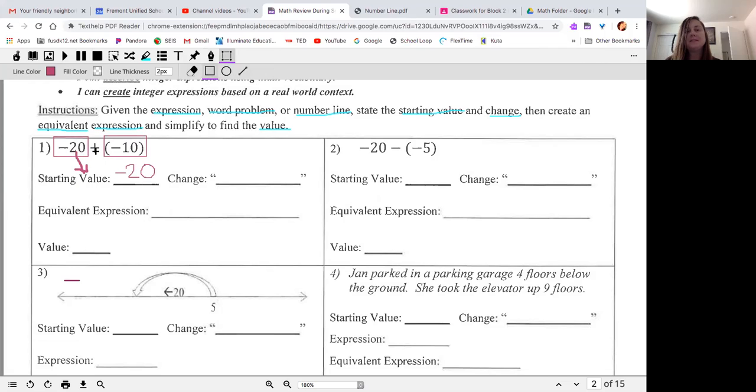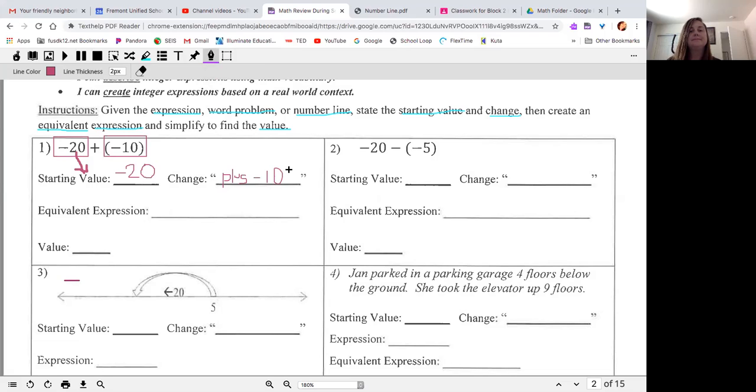So a plus means sum. So I will write plus -10.